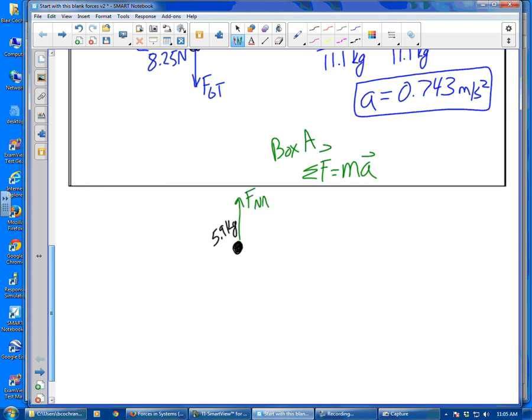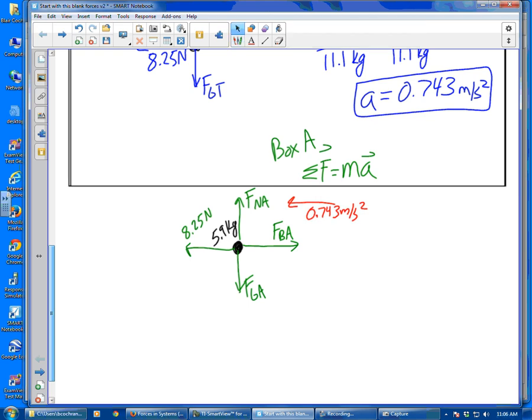Force normal A, weight of A, 8.25 newtons. Force of B on A, and 0.743 meters per second squared. I think I got everything for my force diagram.